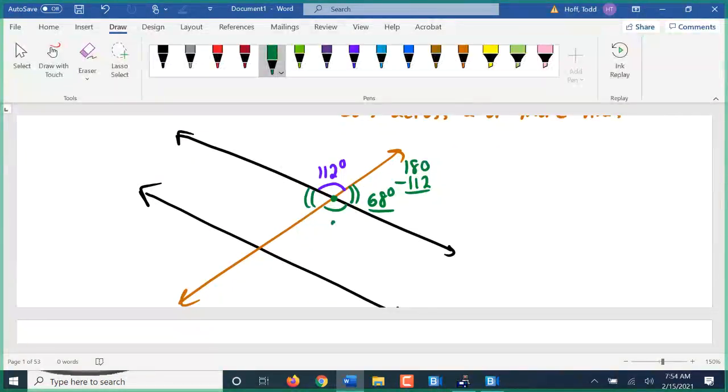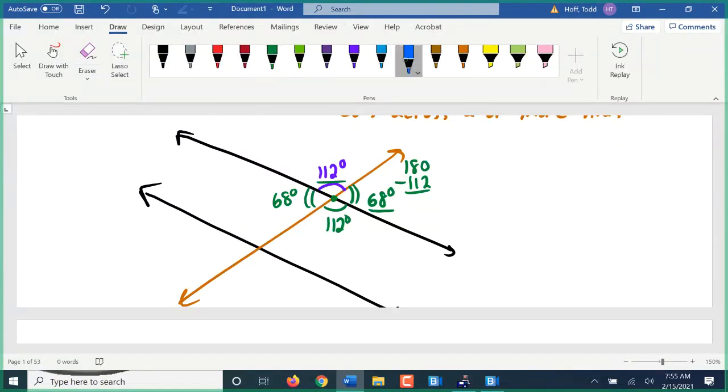Of course, that means this one down here has to be 112 because it's vertical with that one. And this one over here has to be 68. So when 2 lines intersect, even though it forms 4 angles, there's only 2 unique angle measurements. They come in pairs of equal angles.